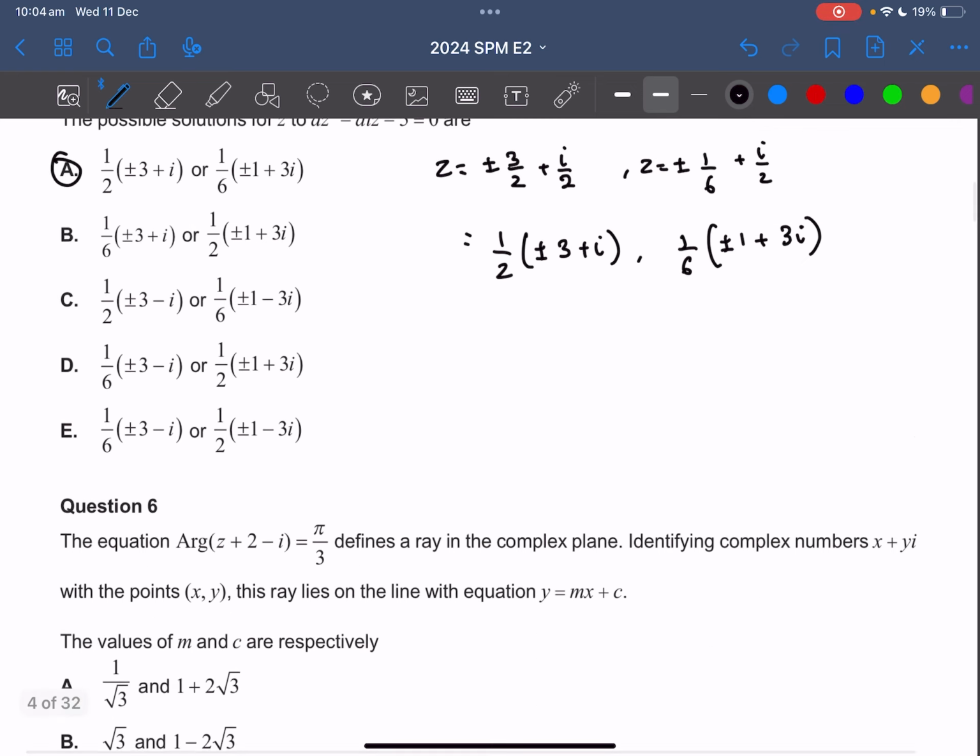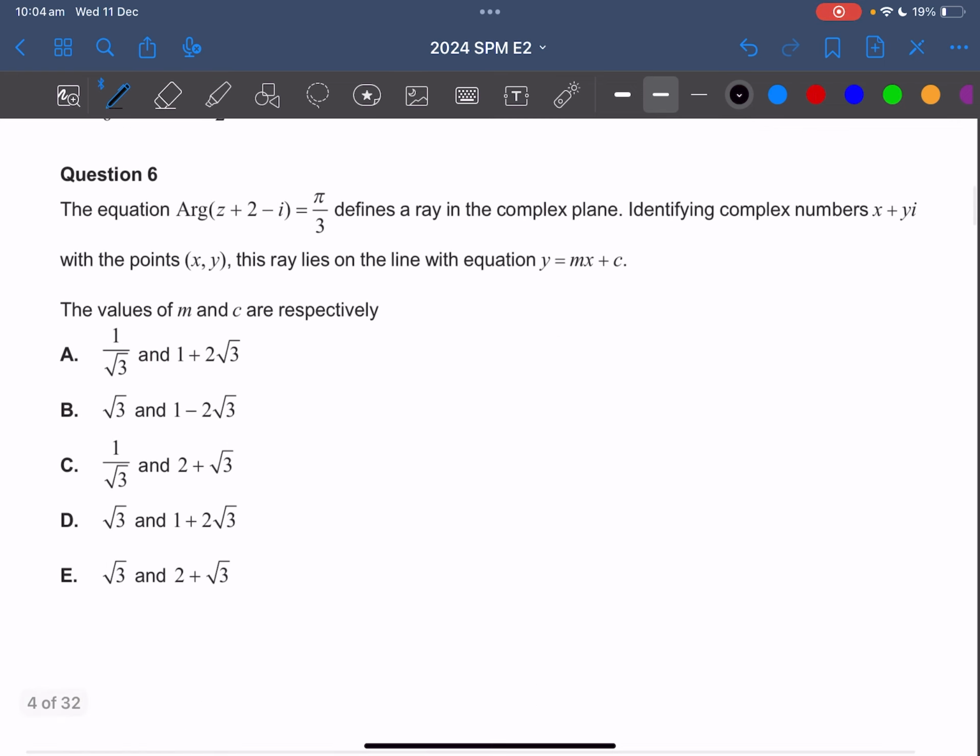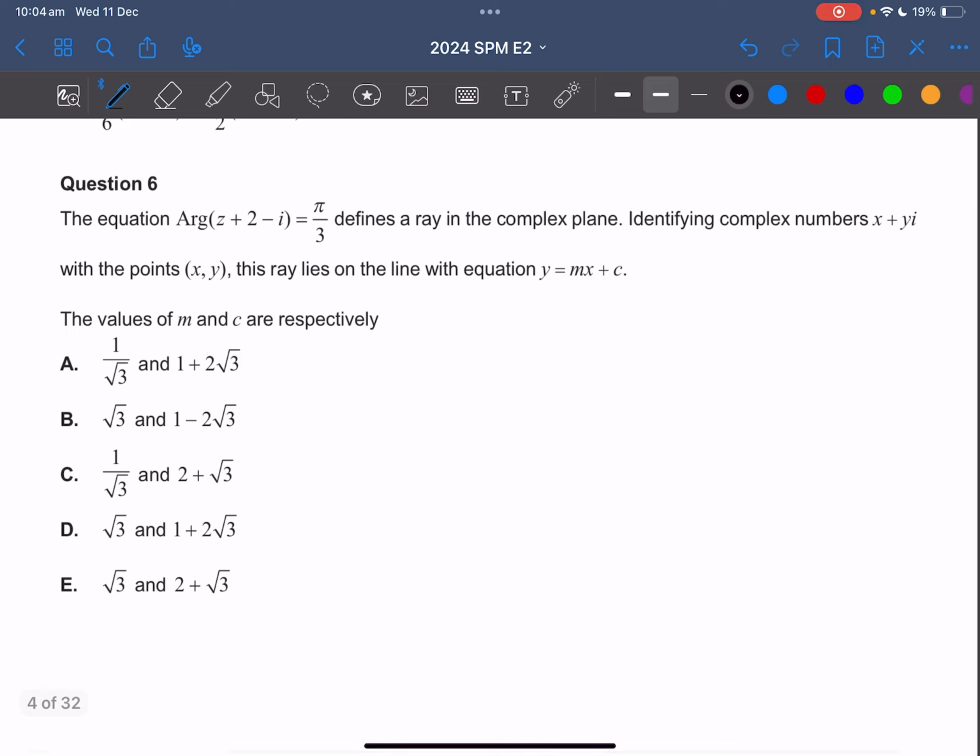Okay. So the equation defines a ray in a complex plane, identifying the complex numbers x plus yi with the points x, y. This ray lies on the line with the equation y equals mx plus c. The values of m and c are, respectively. Okay, so let us do this question on the calculator.